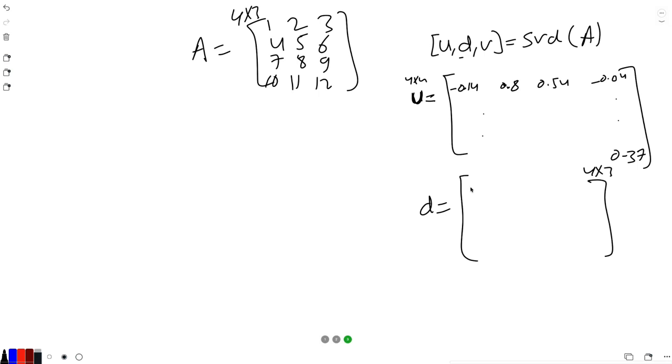So the numbers were 254, and 0, 0, and then 0, then it gave 1.3, and 0, and then it gave 0, 0. This number is actually 10 to the power minus 15, which is due to numerical errors or noise. So we can put it as 0, and then finally 0, 0, 0, because, as we said, it is 4 by 3, so the rank will be less than or equal to 3. So this is the maximum rank, it can be 3.